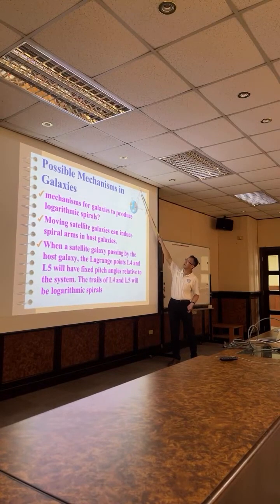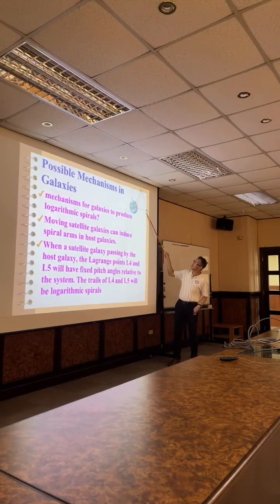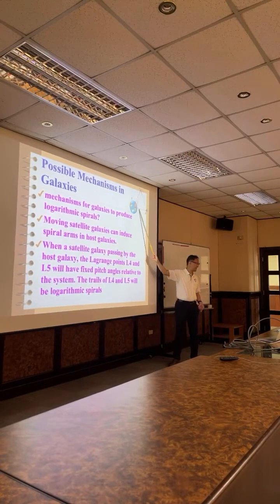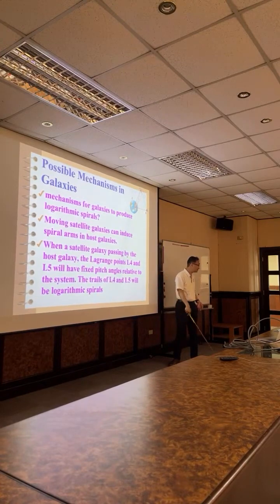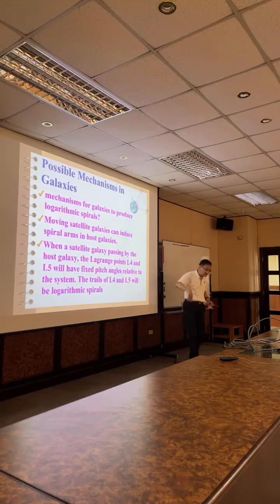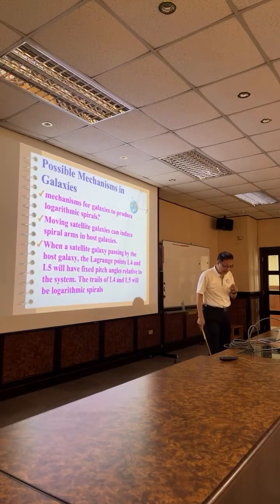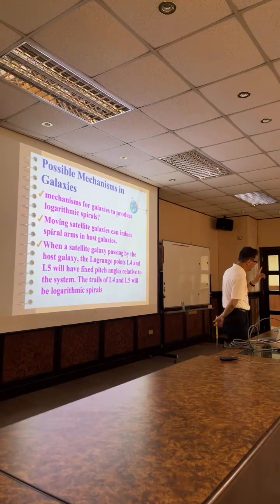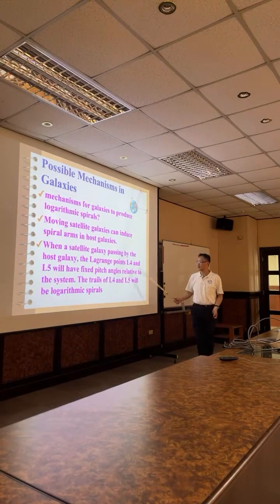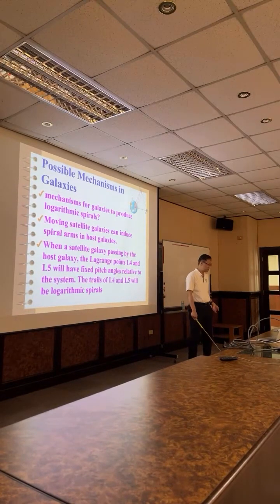Because if it is rotating, this is fixed. But how about if this gets even closer? Their relative center is the same, right? Their center did not change. So in that mechanism, you can see that L4 or L5 relative to the host galaxy will have a fixed pitch angle, which means the trail of L4 and L5 will become a logarithmic spiral.